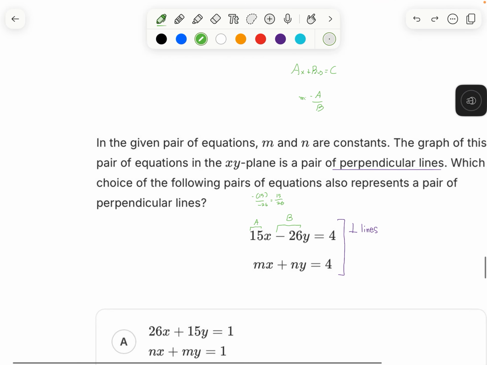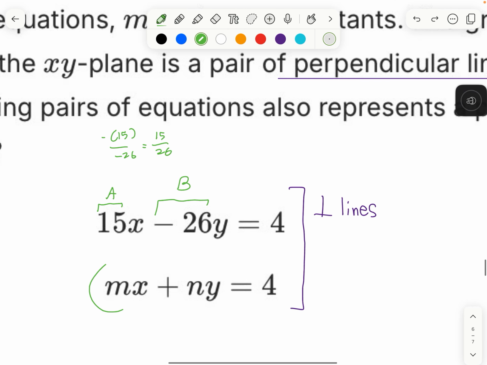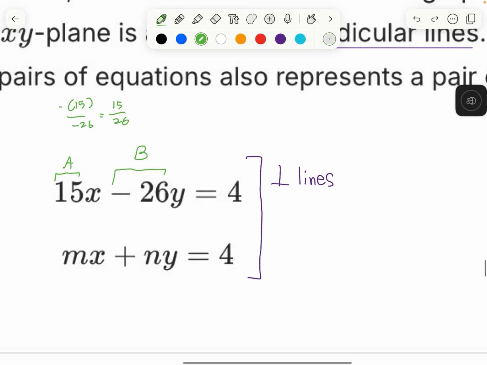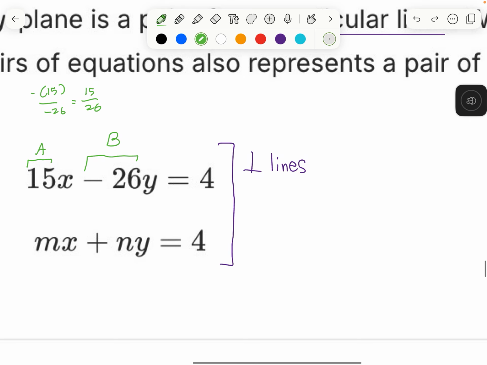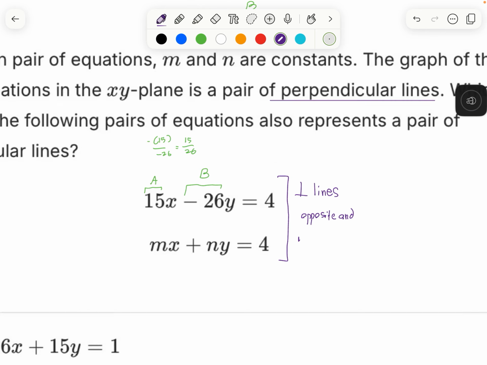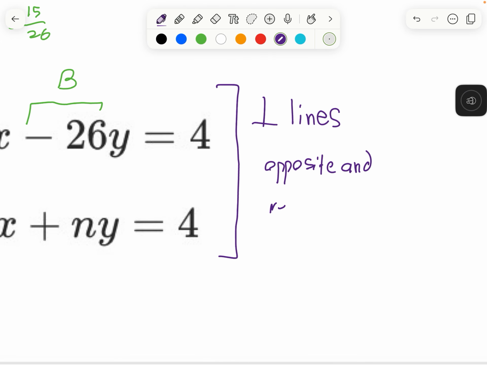What about the second one? Remember I told you, because we know these are perpendicular lines, they have opposite and reciprocal slopes. I'm just going to use an abbreviation.